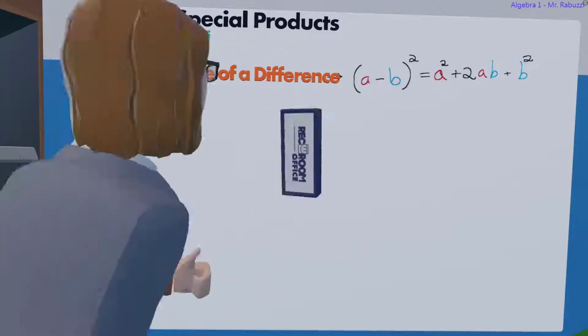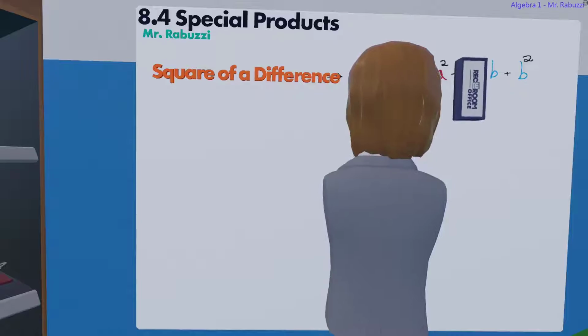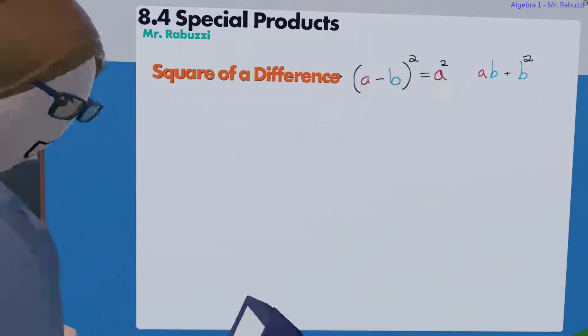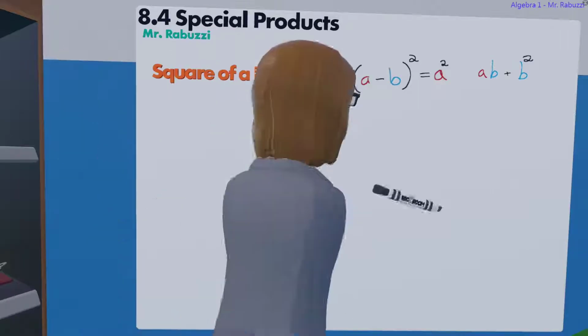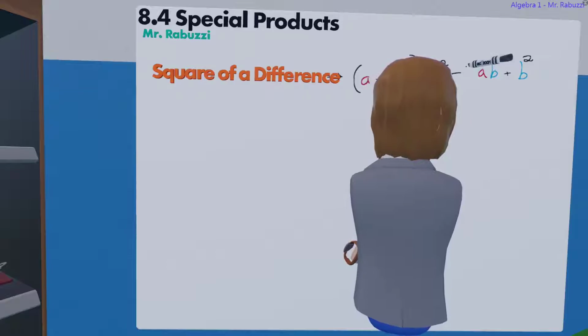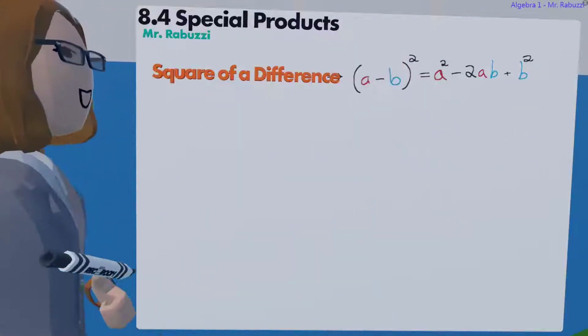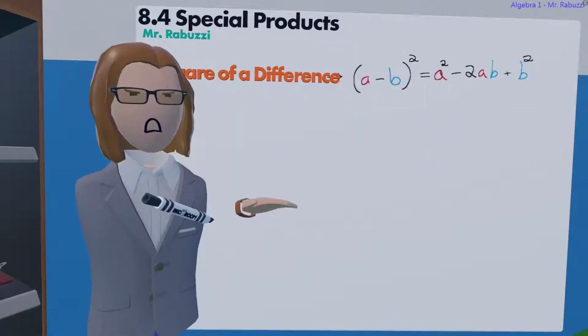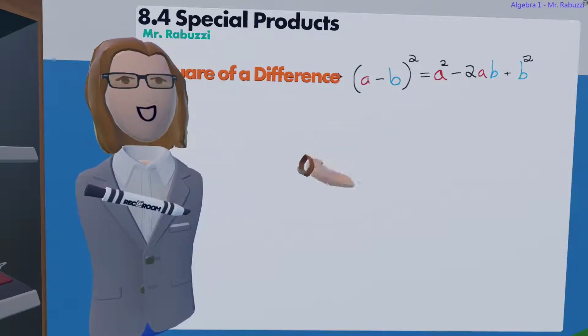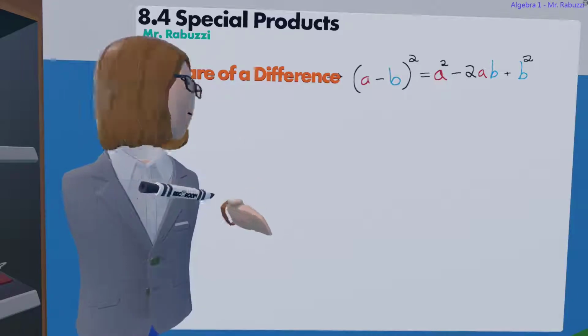So what is going to change in our answer? Really, all that changes is it's instead of a squared plus, it's a squared minus 2ab plus b squared. So it's a little bit different in our answer over there. But it's the same steps like we just did.